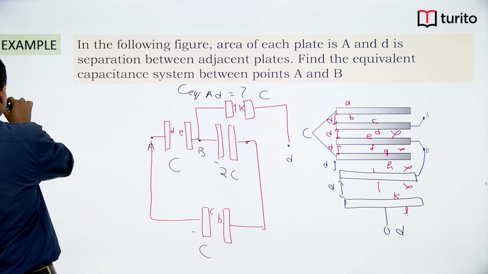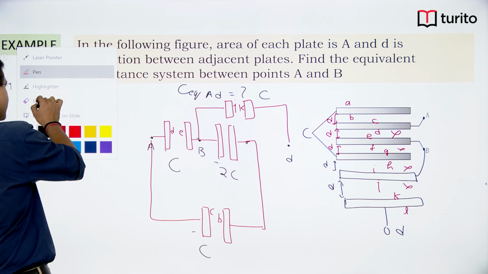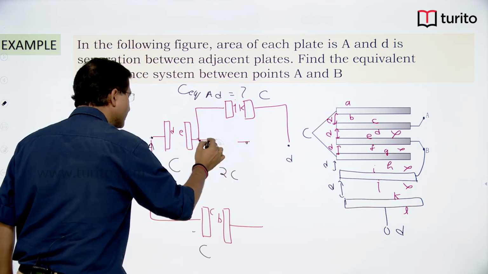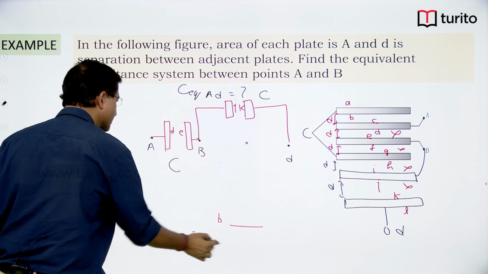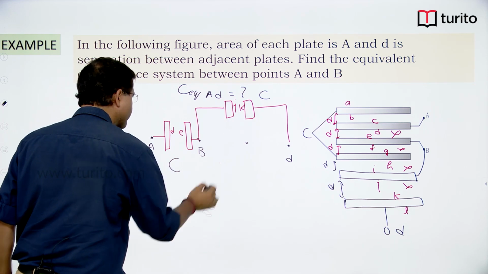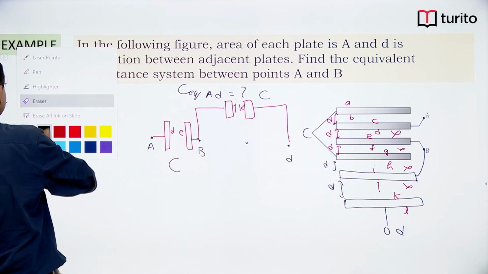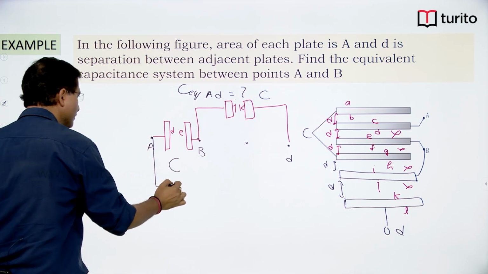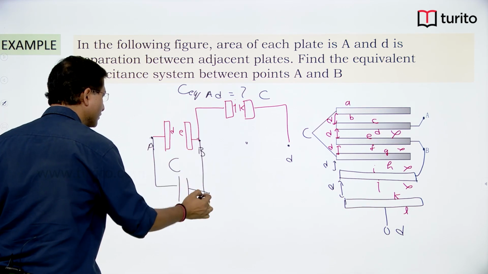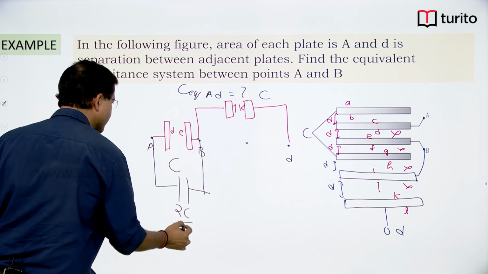So I will convert it into a single capacitor 2C by 3 and the circuit will become further simplified. This becomes 2C by 3.